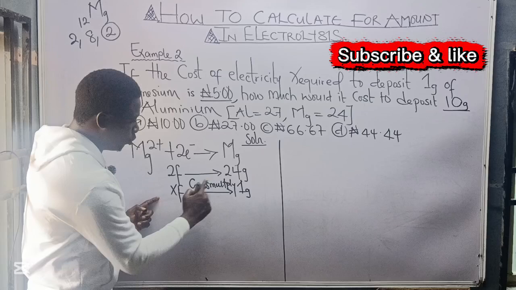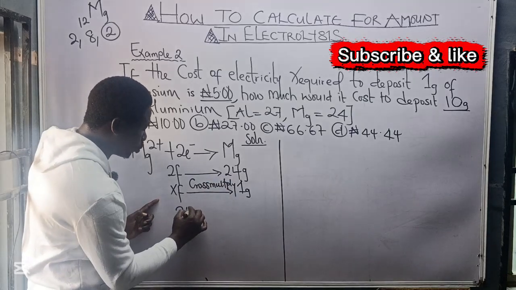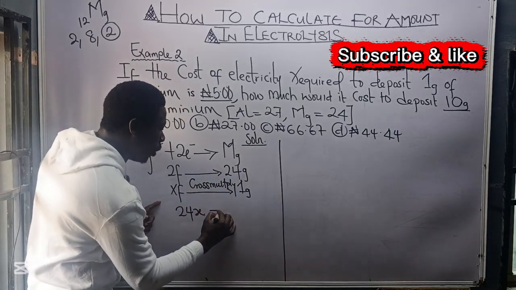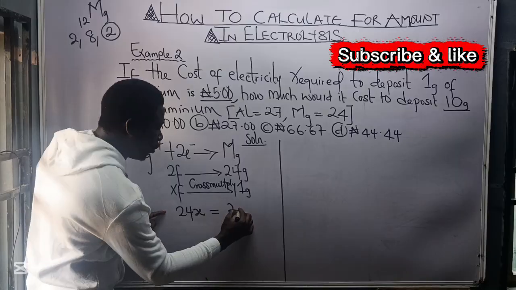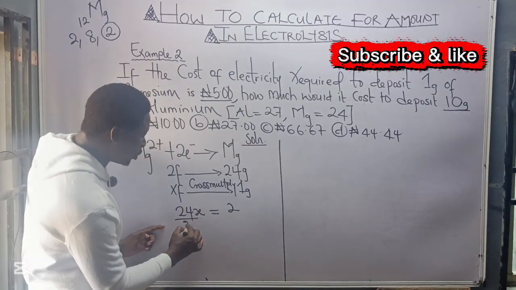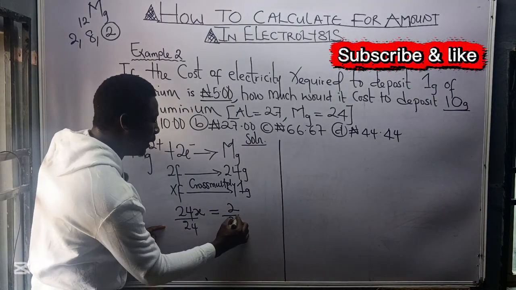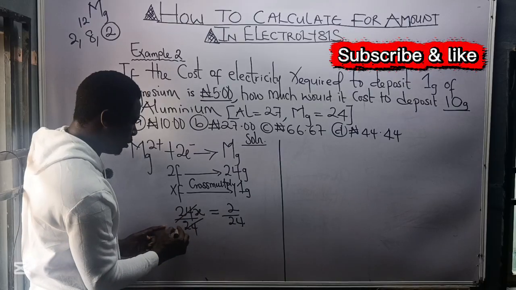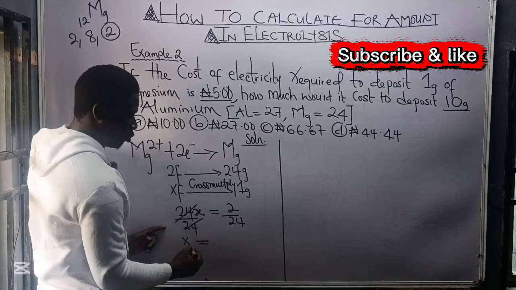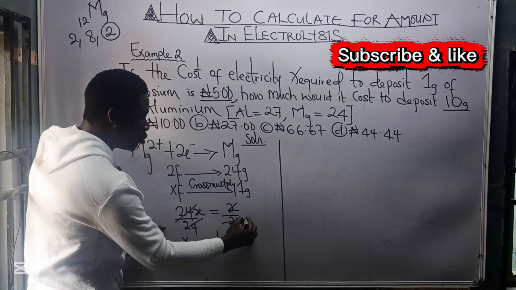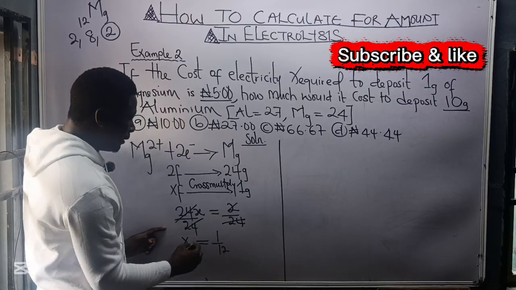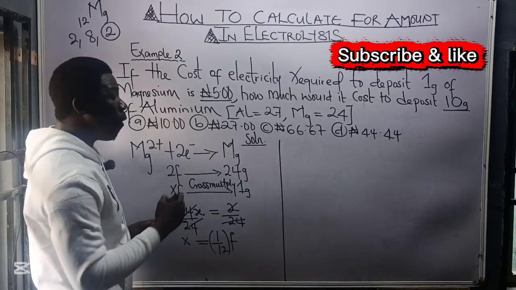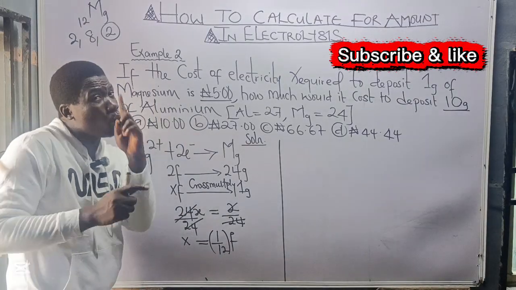So 24X equals 1 times 2, which gives us 2. So we divide both sides by 24, this cancels this. X will be equal to 2 over 24, which is 1 over 12. So this is the number of Faraday that gave us 1 gram.